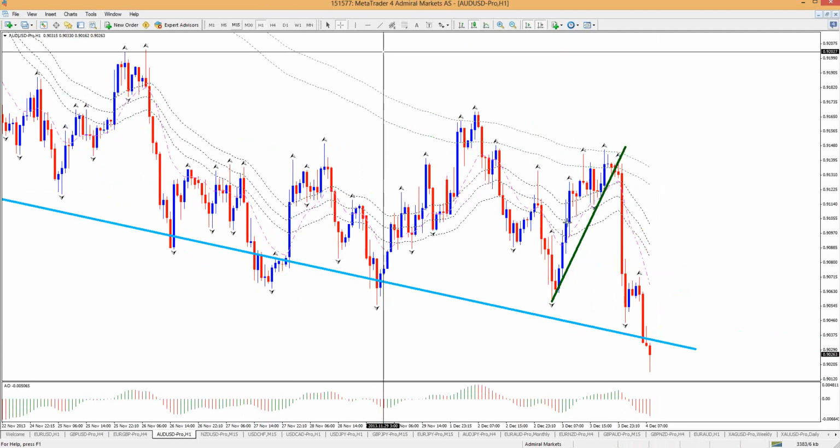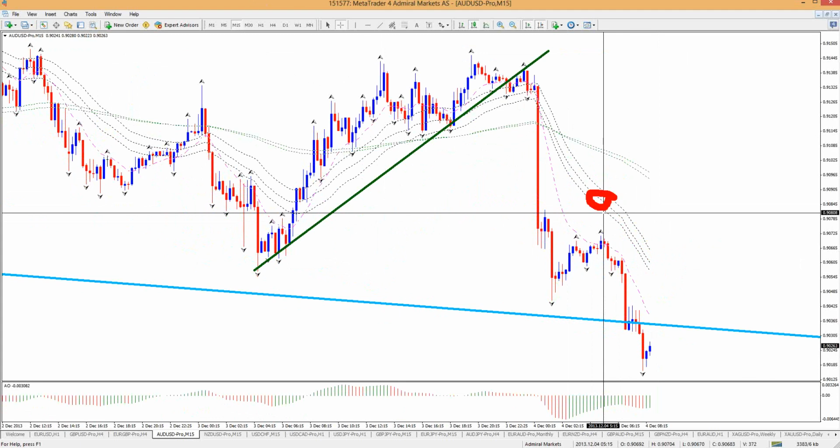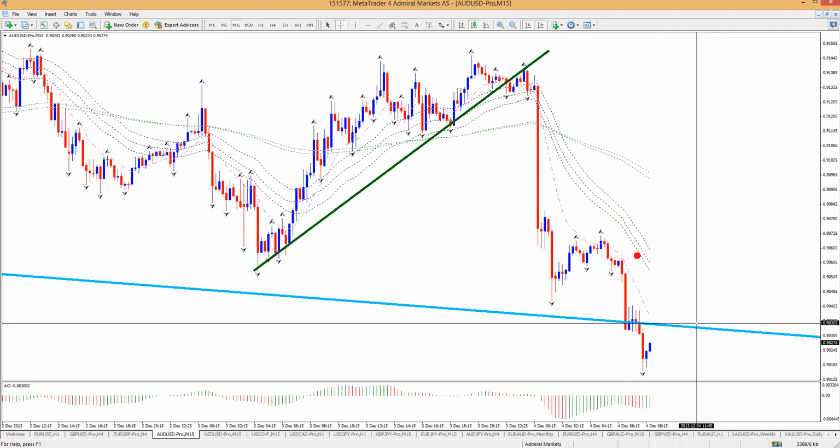I would use this band as a potential stop loss, or the 15 fractal if it's within the band. And then I would trail stop the 50-minute fractals by 5 pips. So my stop loss is still here with this breakout trade, and waiting for the next 50-minute fractal to hide my stop loss behind.